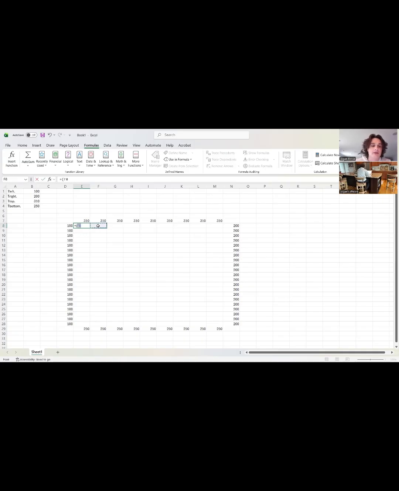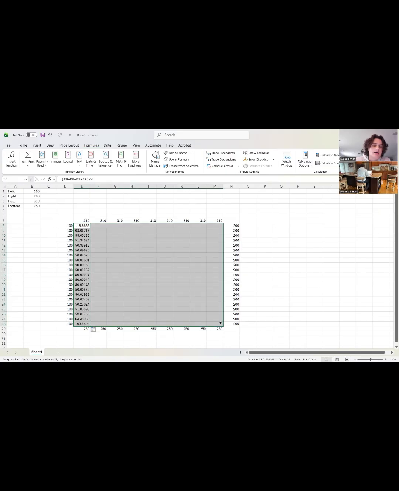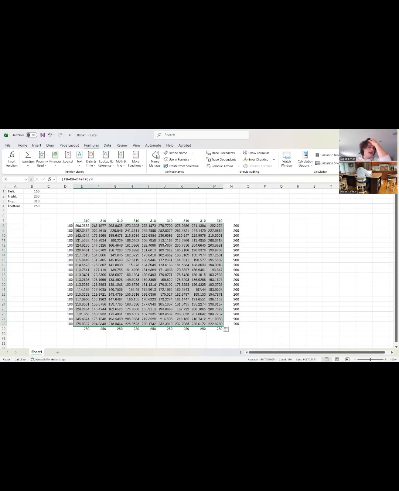So we'll have our right value plus our left value plus our top value plus our bottom value, all divided by 4, right? And then we will bring this calculation all the way down and then all the way over. So when we do this, we get our grid of values.